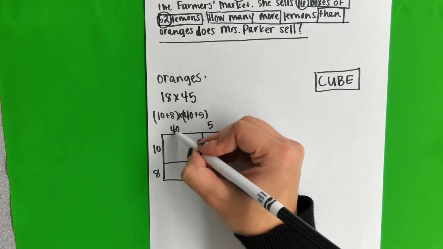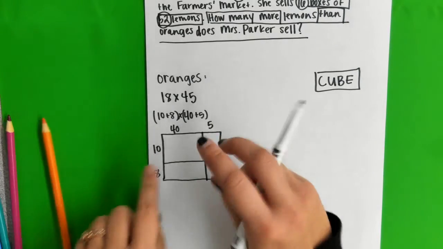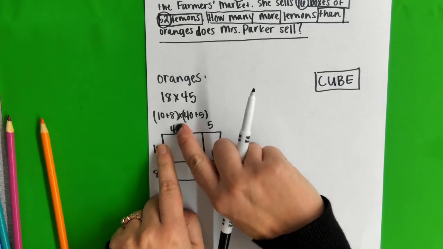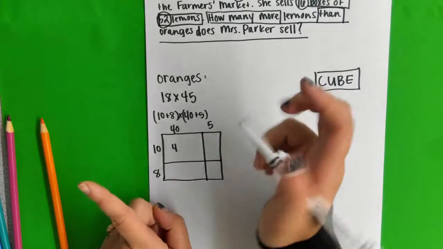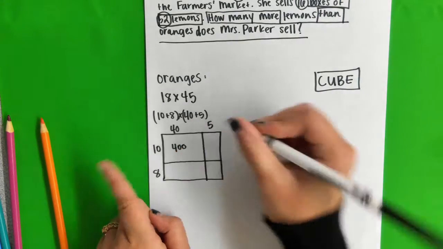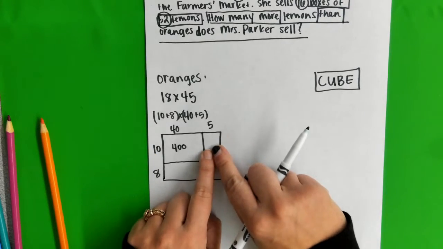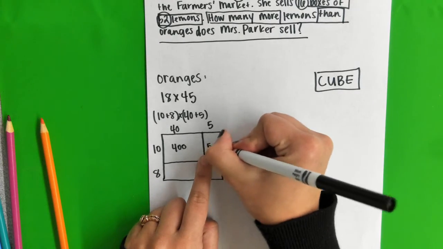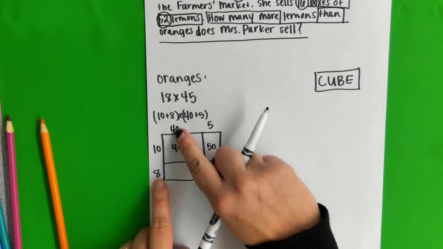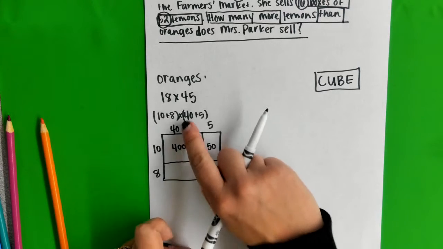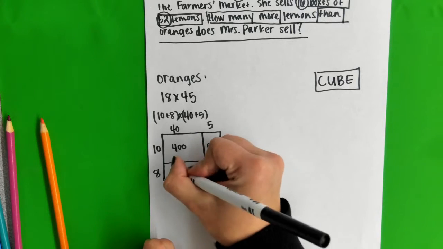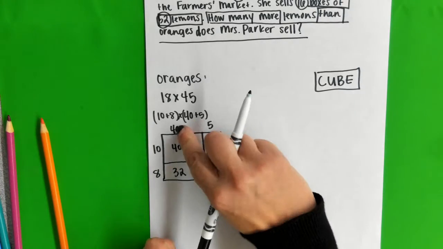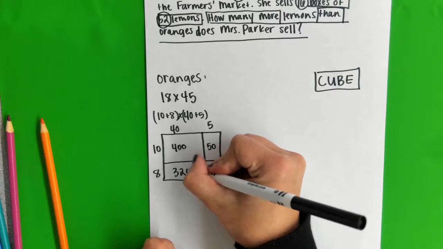And I know that 40 times 10, 4 times 1 is 4. Uncover 1, 2 zeros, add 1, 2 zeros. 10 times 5 is 50. 40 times 8, ooh, I don't know 40 times 8, but I do know 8 times 4 is 32. And then I uncover 1 zero and I add 1 zero.